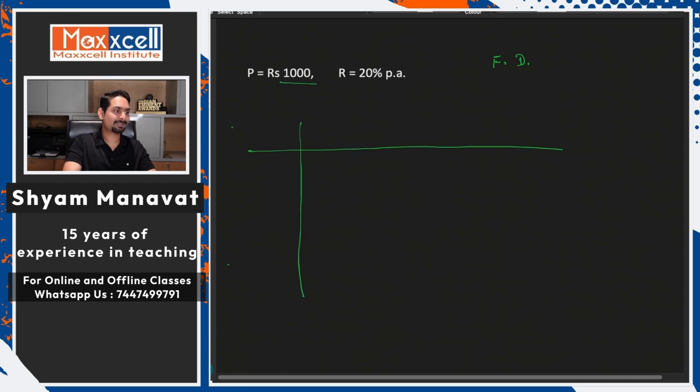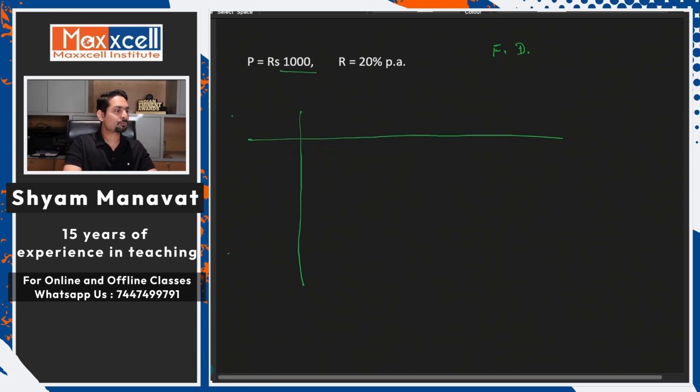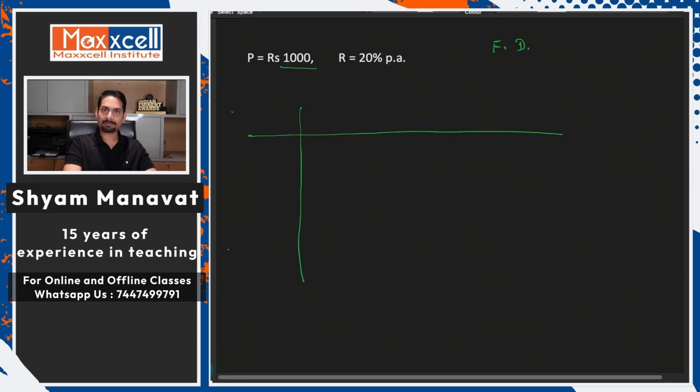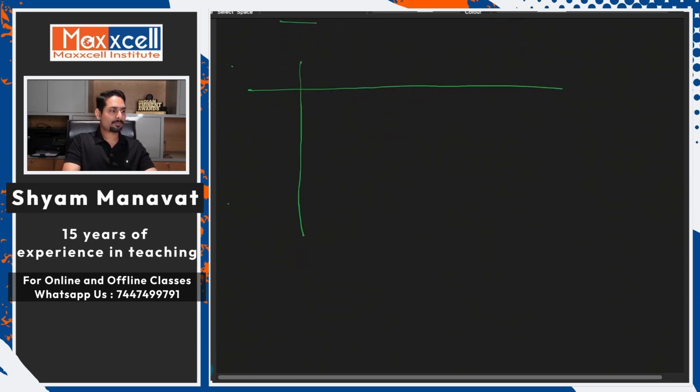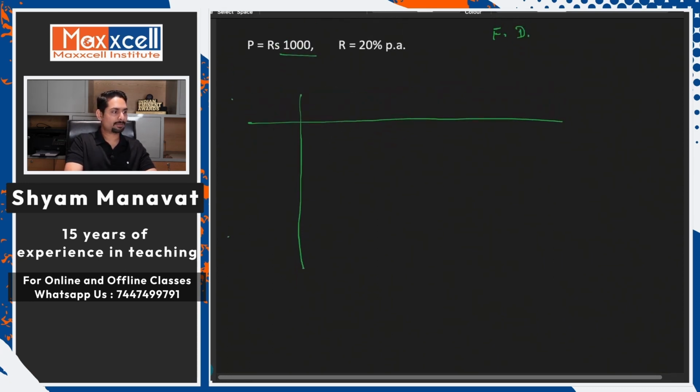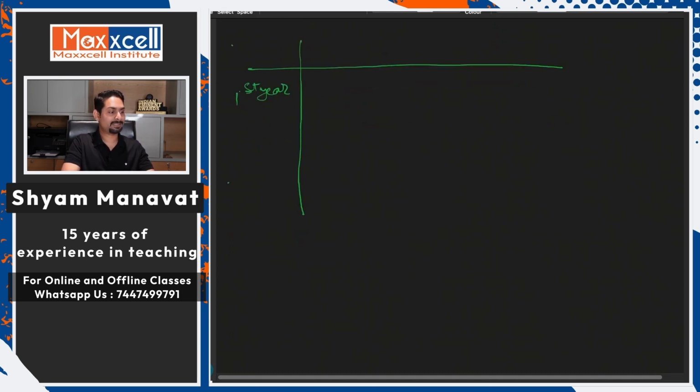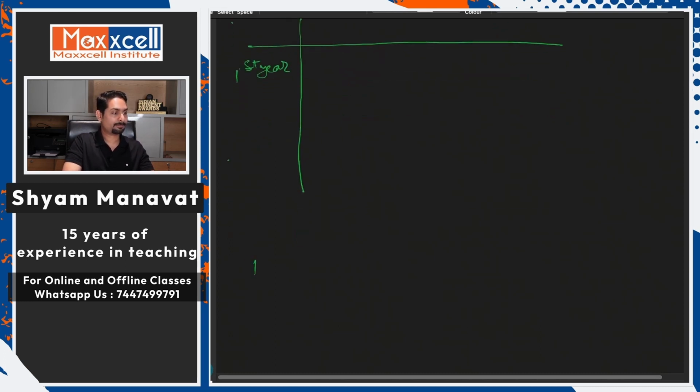So principal is 1000, rate of interest is 20% per annum. Now after 1 year, or let me say after the first year, what is the interest you are going to get? Okay, so the first question is, what is interest?